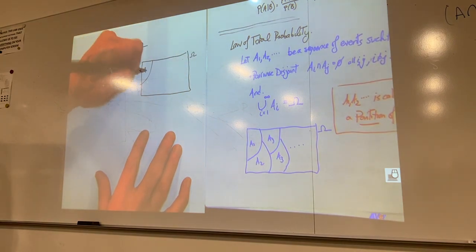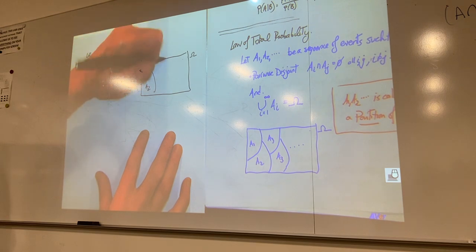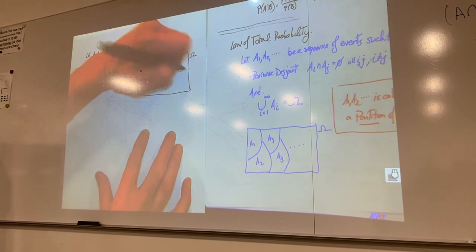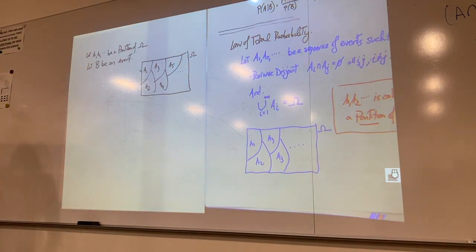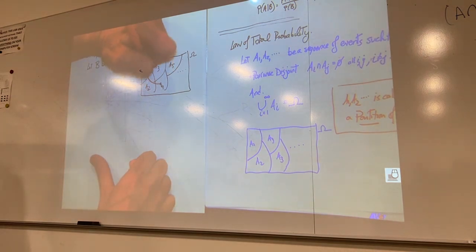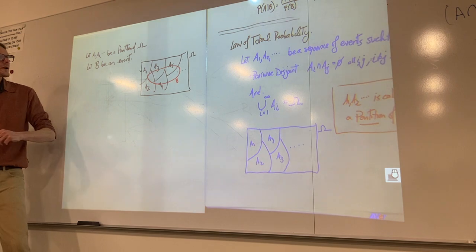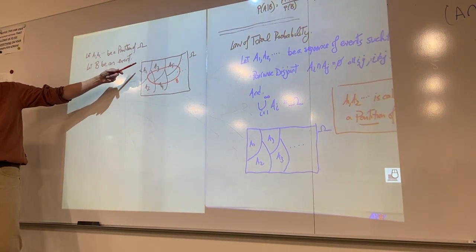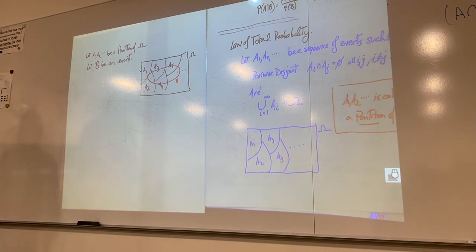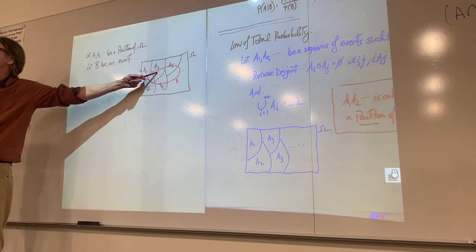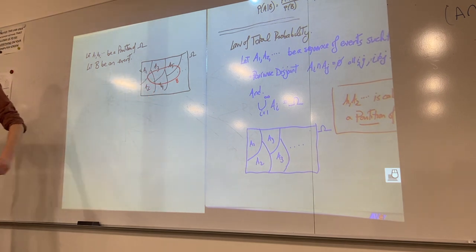Here is some sort of decomposition: A2, A3, A4, A5, dot, dot, dot. And now there's some other event B. For instance, maybe our sample space is the United States and we're partitioning by state, and B is a person is unemployed. There are unemployed people in Washington, in Oregon, in California, and so forth. You see what I'm saying there?